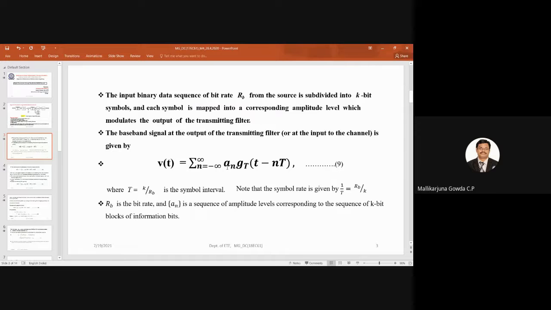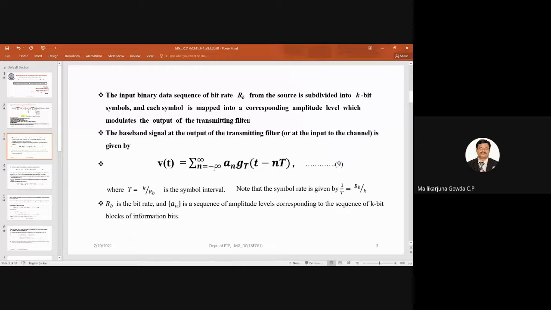Just write that. So as I said, to begin with, substitute n is equal to 0. If I substitute n is equal to 0, what can I write? a naught into g_T of t, because n is equal to 0. Then when n is equal to 1, it is a1 g_T of t minus capital T, because n is 1.